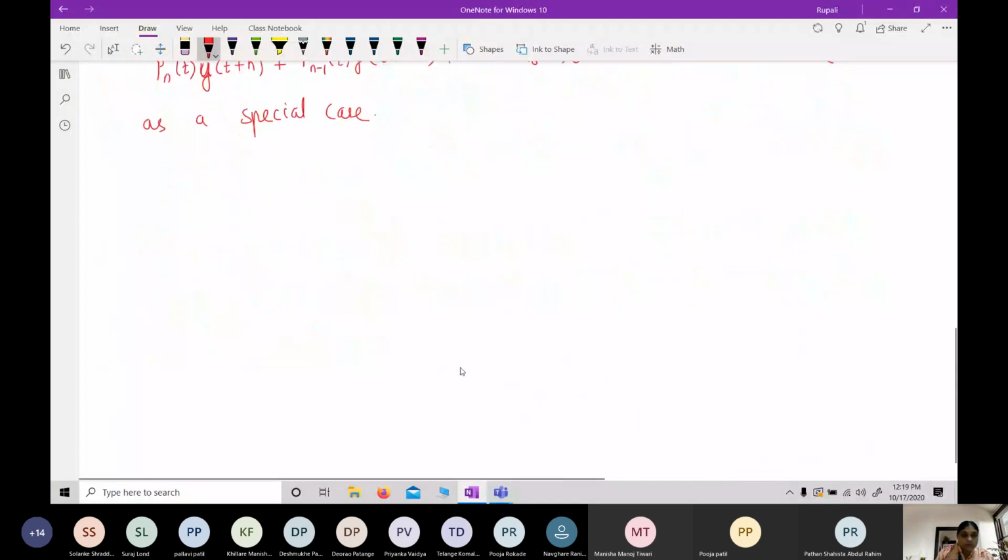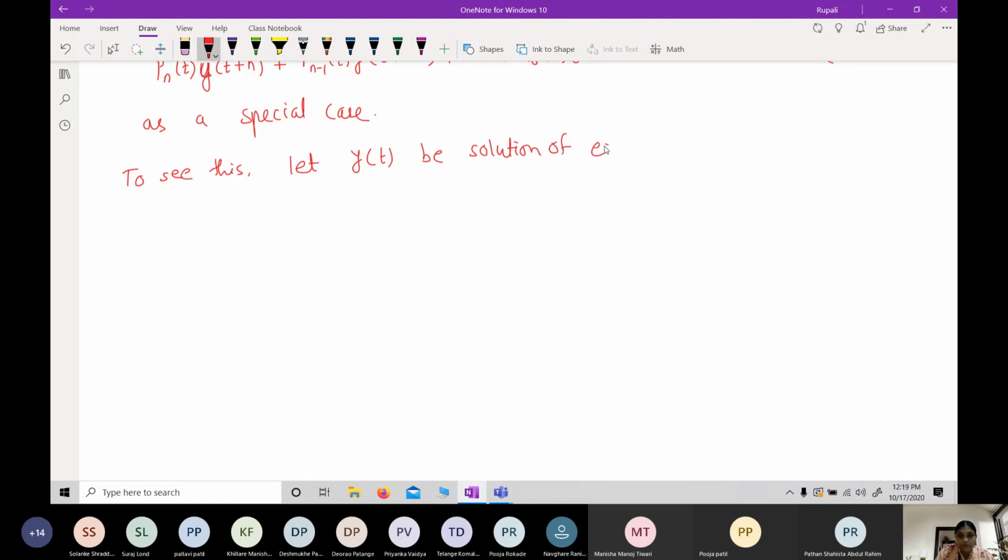So to see this, let's define: let y t be solution of equation 4.2 and define ui of t is equal to y at t plus i minus 1, for i less than or equal to n, t is equal to a, a plus 1 and so on.